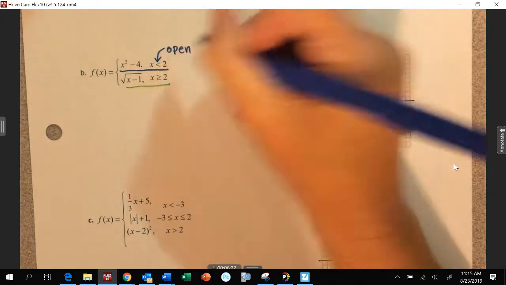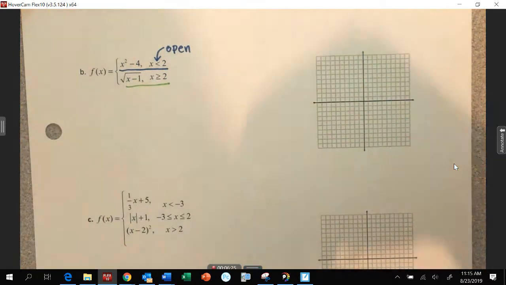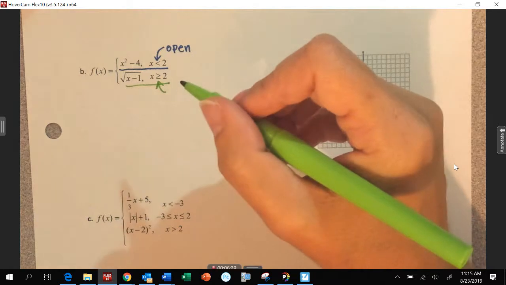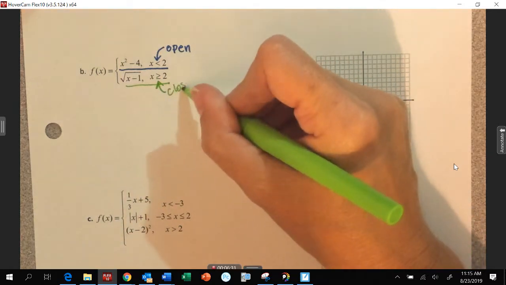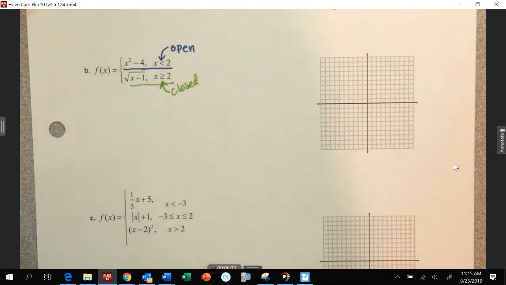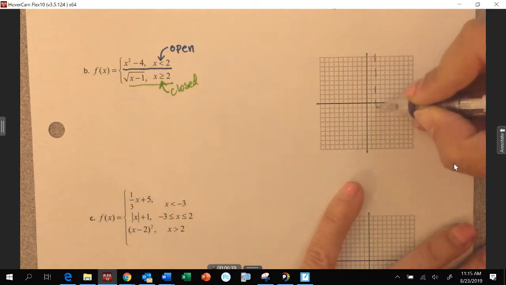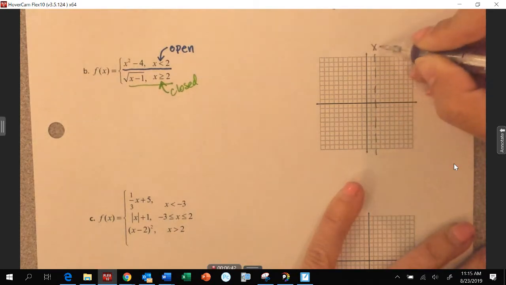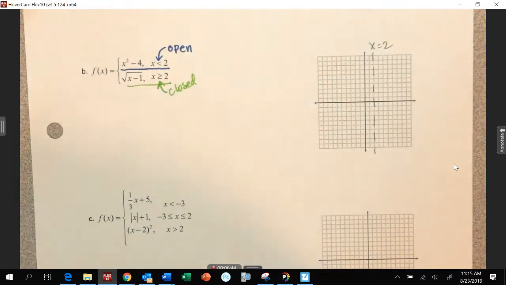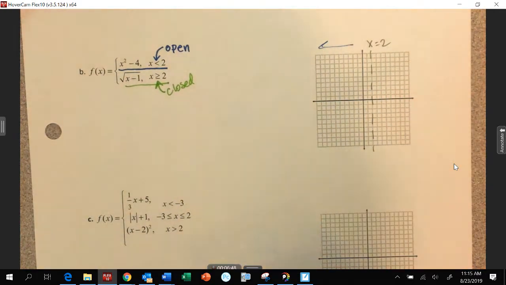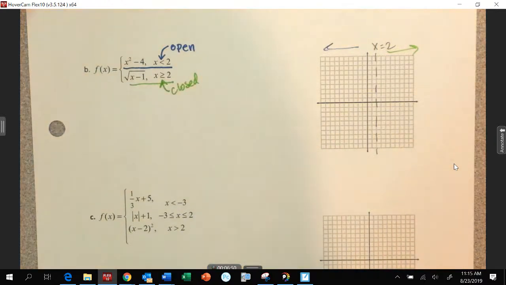It's open if it's not equal to. So if I have this bottom one that says greater than or equal to, that's going to be what kind of dot? Closed. And then I'm going to go over to my graph, and at x equals 2, I'm going to put a vertical line that's dividing up the two pieces of the graph. My blue one's going to be on the left side. My green one's going to be on the right.